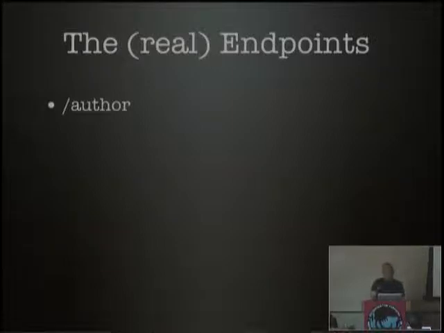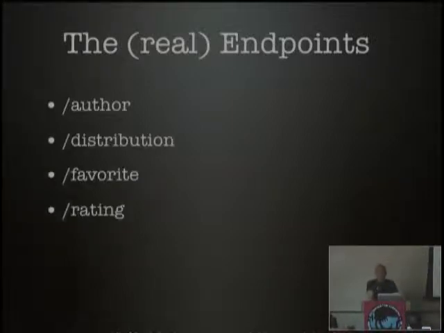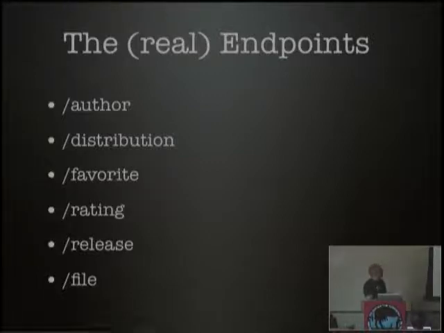Now, if you do have to dig down really deep into the API, these are the actual endpoints. You can access them directly, and they don't have any kind of sugar around them. There's an author and distribution, which we've already talked about, but these ones you can use to directly search on. In fact, this is the endpoint we were using in the example that I gave you before.